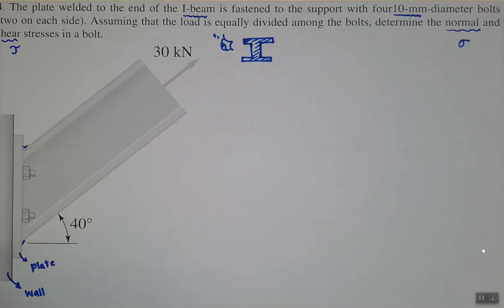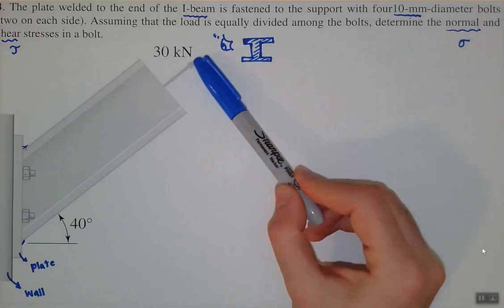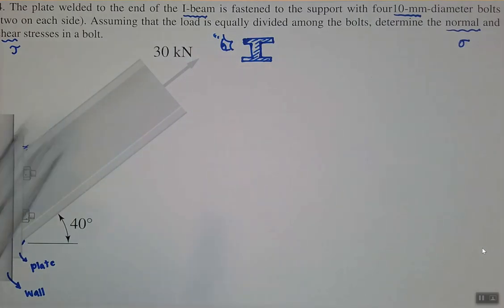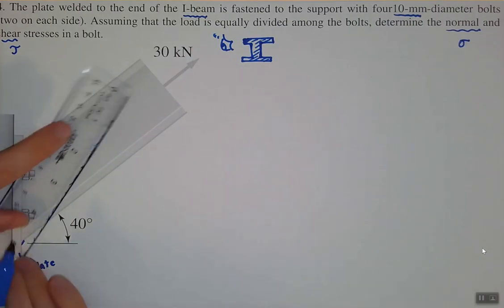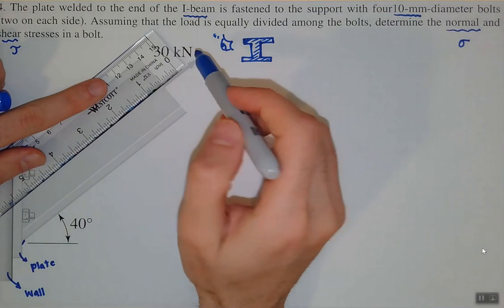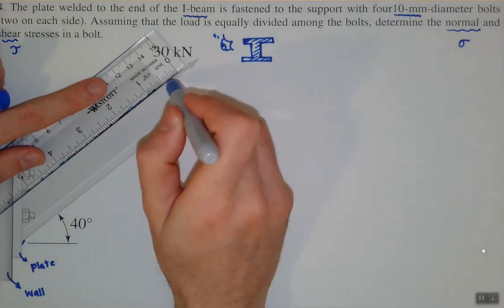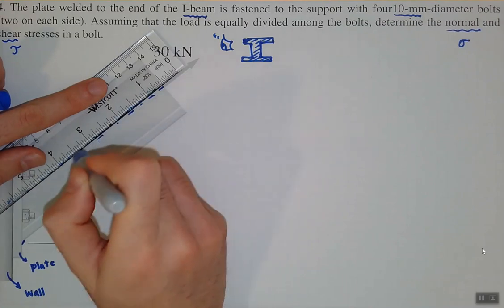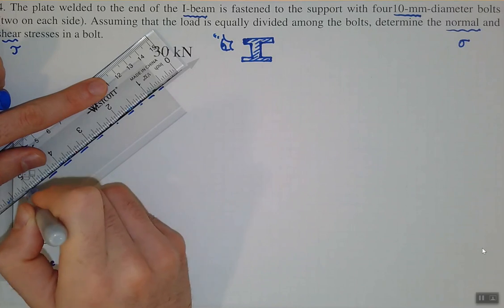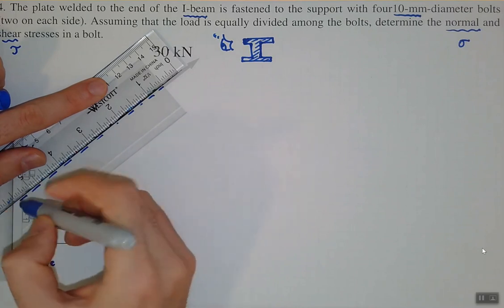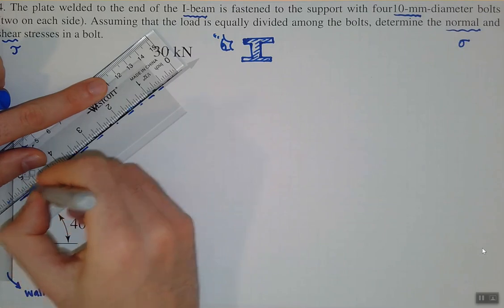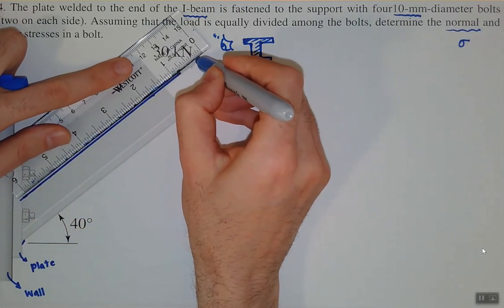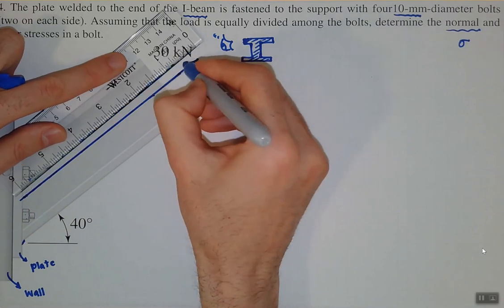So I can see I have a 30 kilonewton load over here. Again, we can find the component of this load, but first we are allowed to say this load has its line of action over here, right? In other words, I can say that I have this big load applying to the whole system like that.